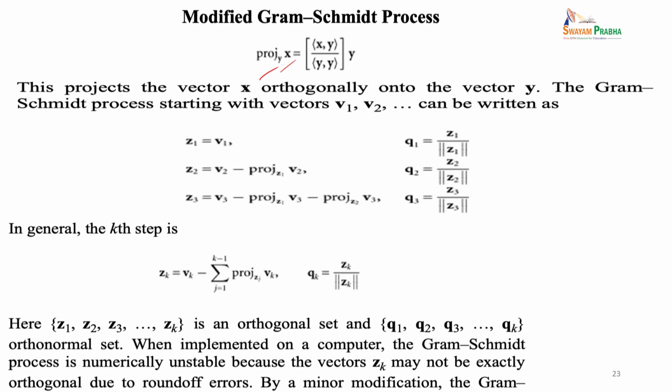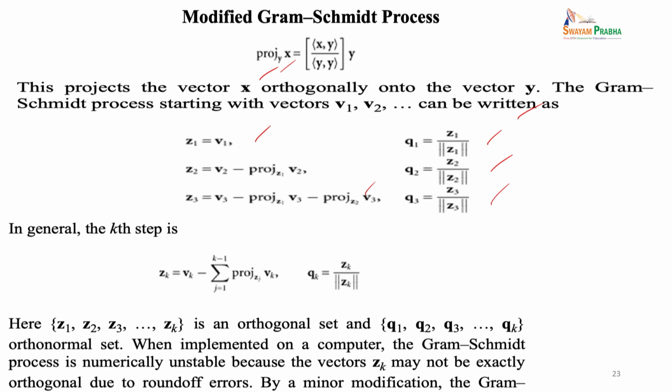The Gram-Schmidt process, starting with the vectors v1, v2 and so on, can be written as z1 equal to v1, therefore q1 equal to z1 by norm z1. z2 equals v2 minus the projection of v2 over z1, therefore q2 equals z2 by norm z2. And z3 equals v3 minus the projection of v3 over z1 minus the projection of v3 over z2, therefore q3 equals z3 by norm z3.